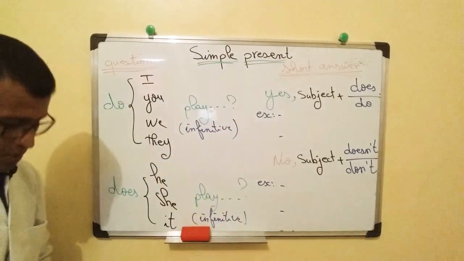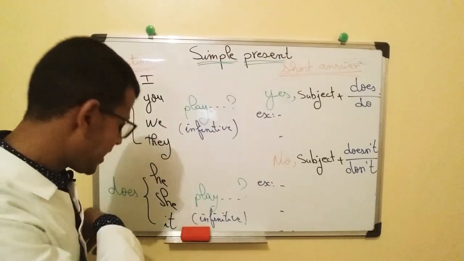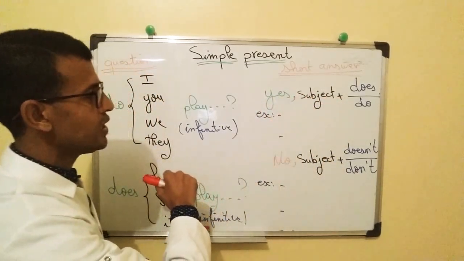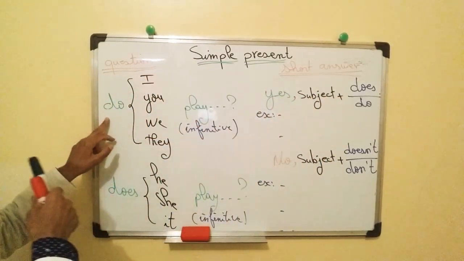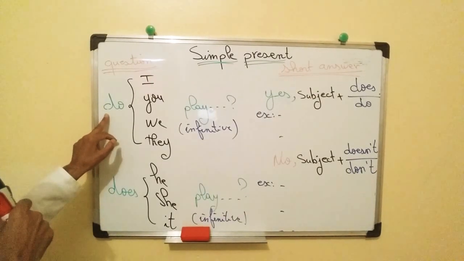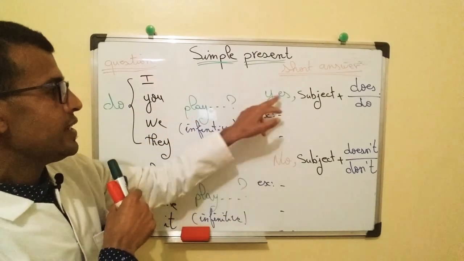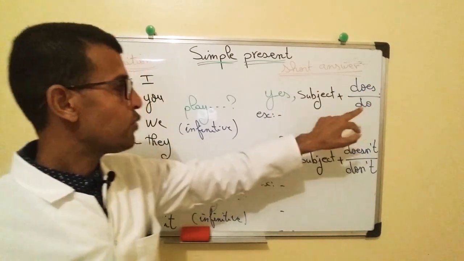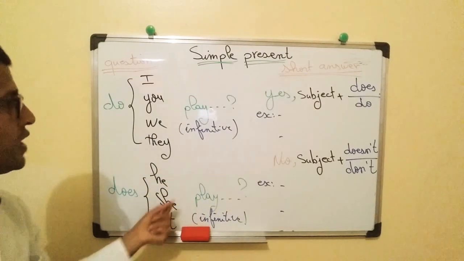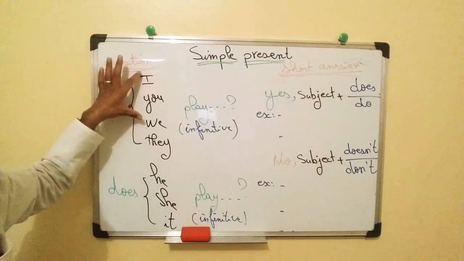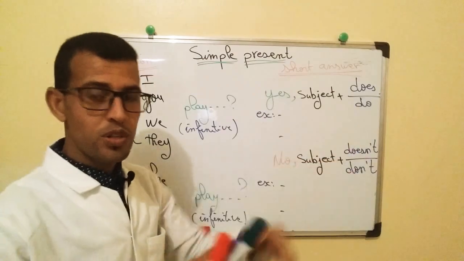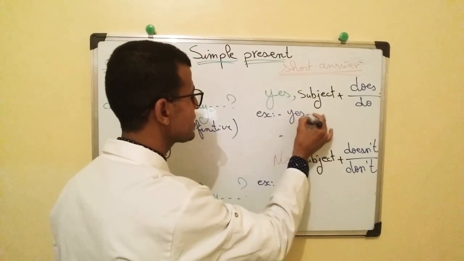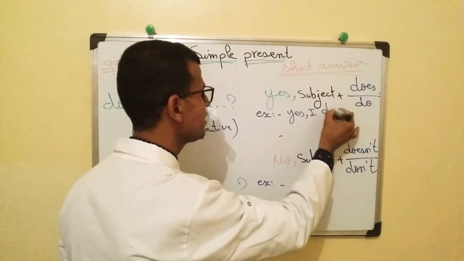Let us see how you can use this short answer. For example, do you play football? Yes, I do. So here we use does or do. When we have the subjects he, she, or it, we use does. When we have the subjects I, you, we, or they, we use do. For example, yes, I do.